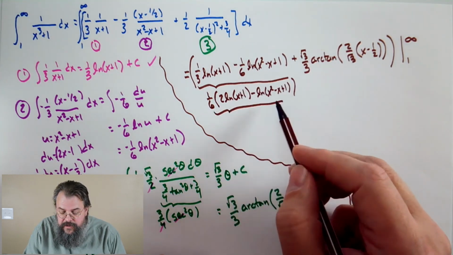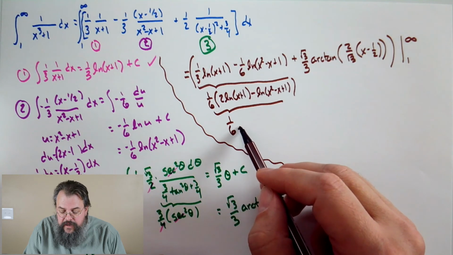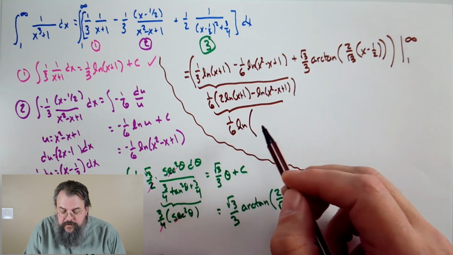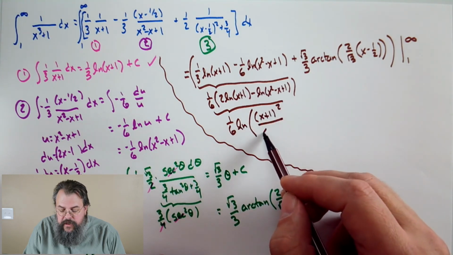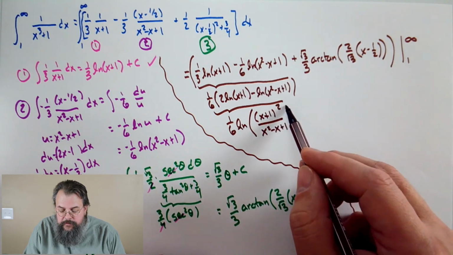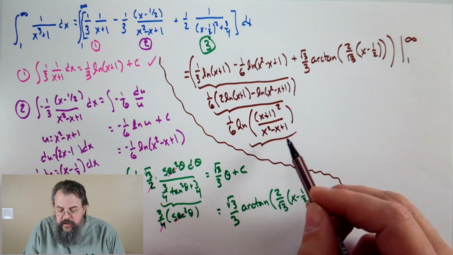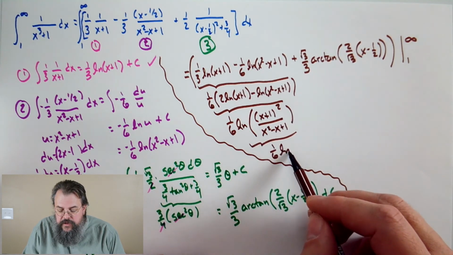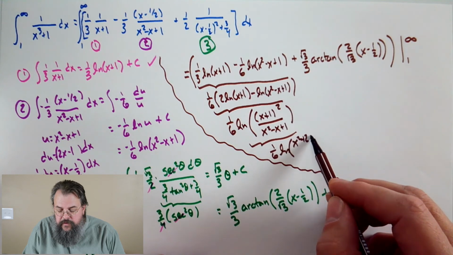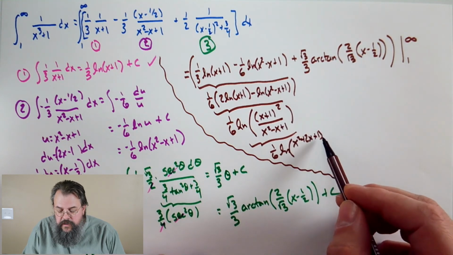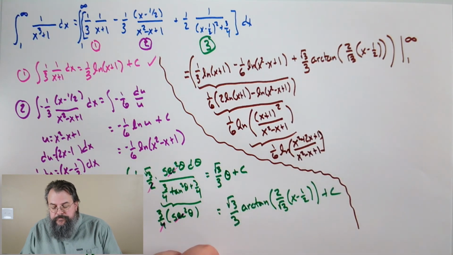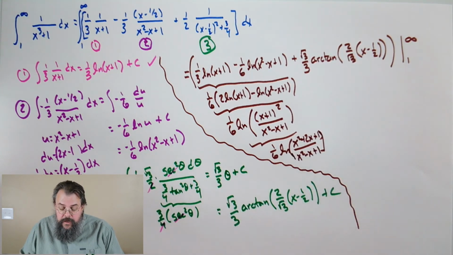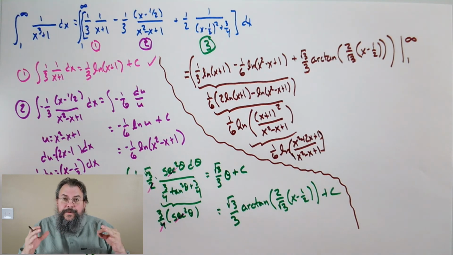So this becomes 1/6 natural log of (x plus 1) squared over x squared minus x plus 1. Or if you like, 1/6 natural log of x squared plus 2x plus 1 over x squared minus x plus 1. All right. Well, that was a lot to put there, but that's what we were going to get.